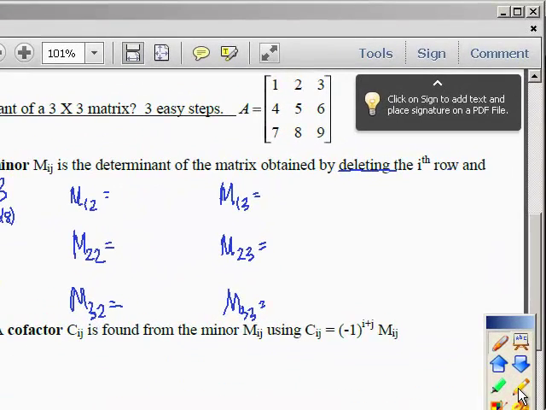So now that I'm going to row 1, column 2, I cross off row 1, I cross off column 2, and I'm left with this 2 by 2 matrix. So I do the diagonals again. So I do 4 times 9 minus 6 times 7. All right, well, 4 times 9 is 36, minus 42 is negative 6.